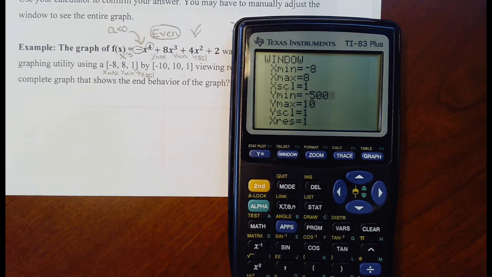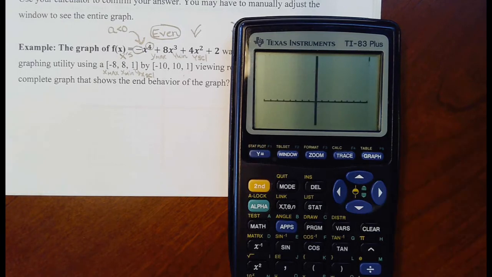Pretty good, but let's try and give ourselves a little bit more x max. Let's see what's going on over here. So maybe, let's see, I can maybe stretch it out to 20, see if I can see more of that graph. There we go, looking pretty nice.